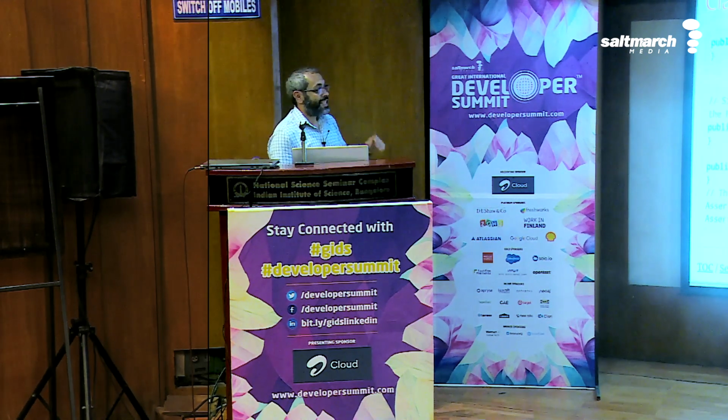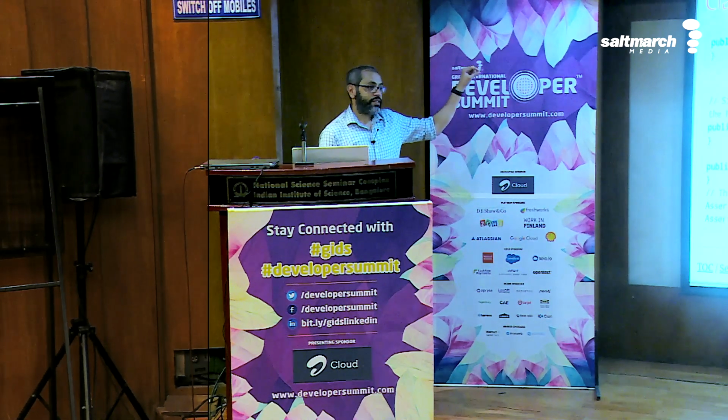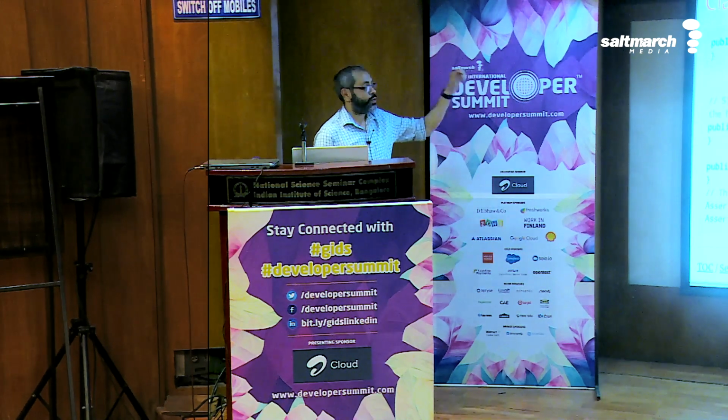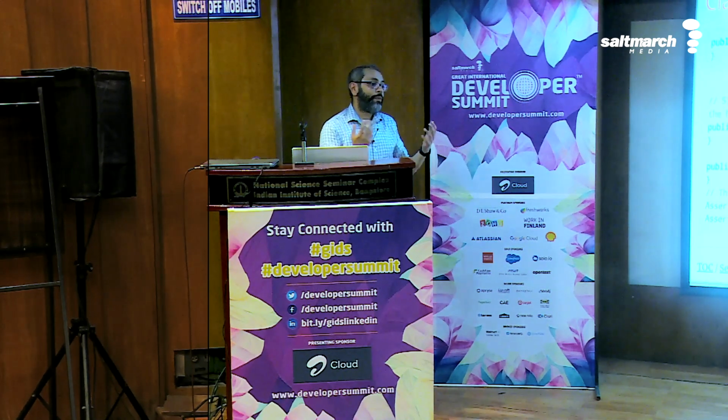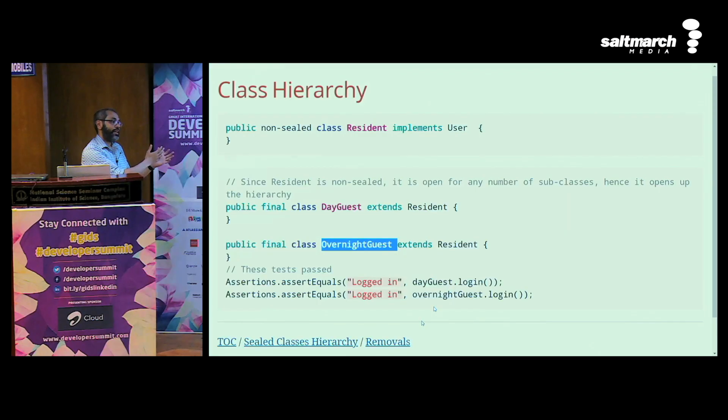So essentially, you can have a final class, you can have a sealed class, or you can have a non-sealed class. Now, the reason why you would want a non-sealed class is if, let's say, there's a branch of your inheritance hierarchy which you actually want to give to your consumers or your users to extend, then in that case, you need to specify that.